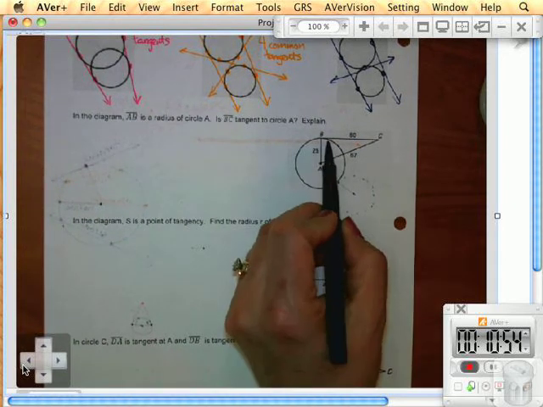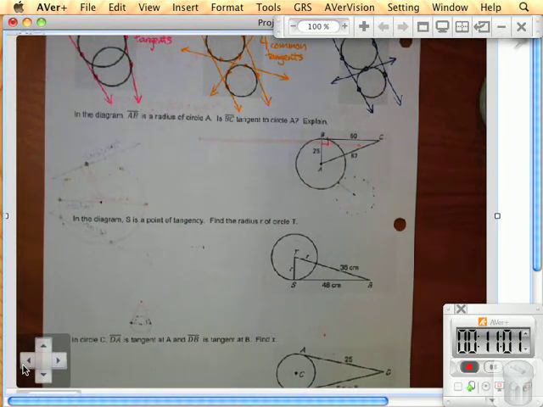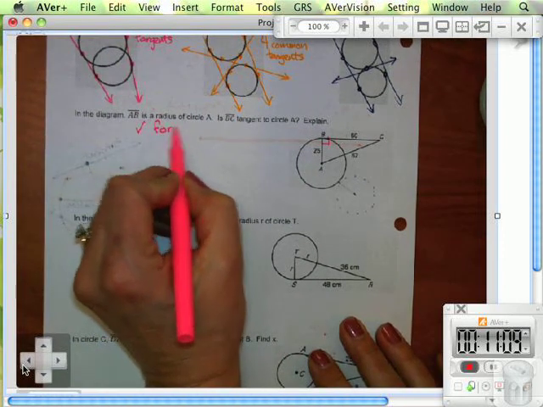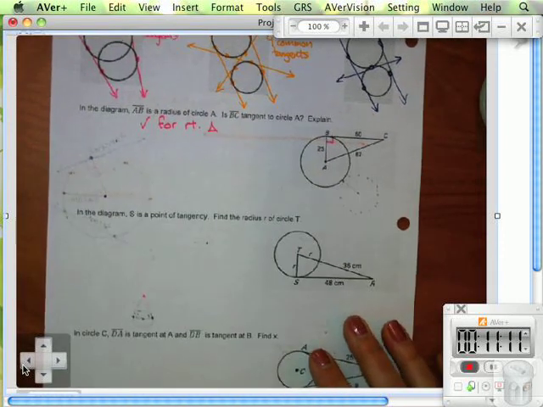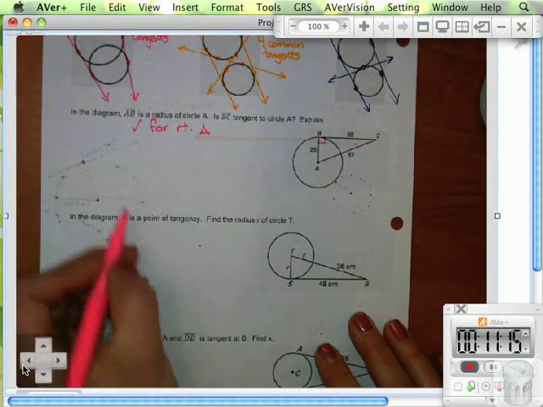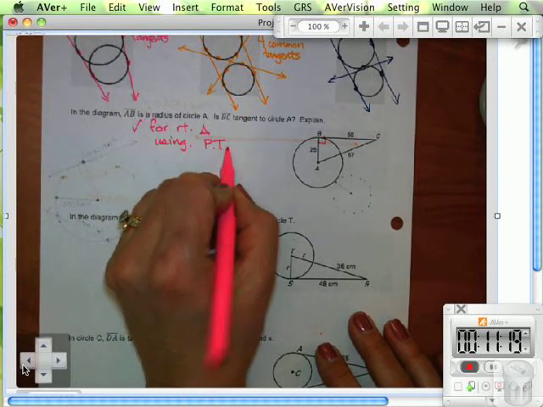If it's tangent, this is going to be a right angle here, which means it forms a right triangle, which means it has to make what true? The Pythagorean theorem. Okay? So we have to check for a right triangle using the Pythagorean theorem.